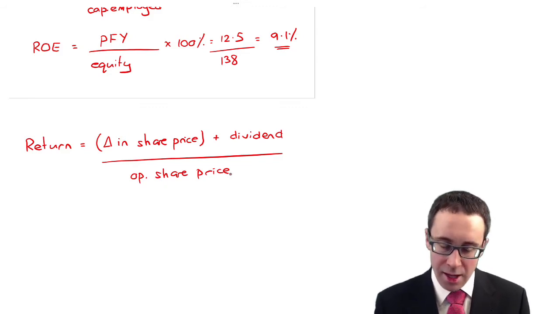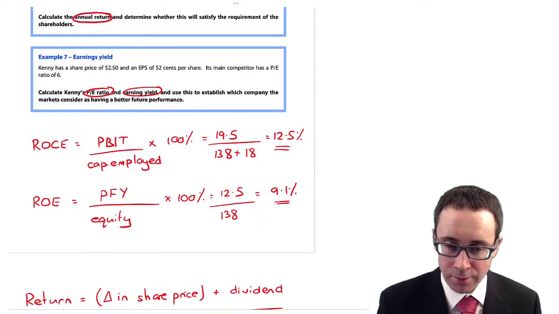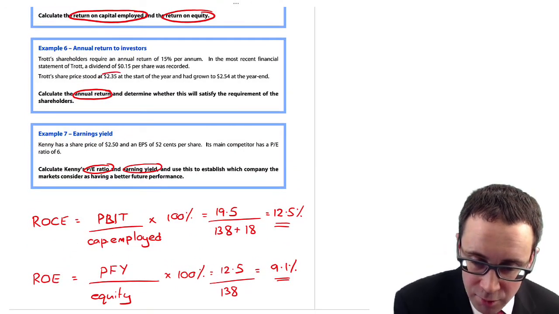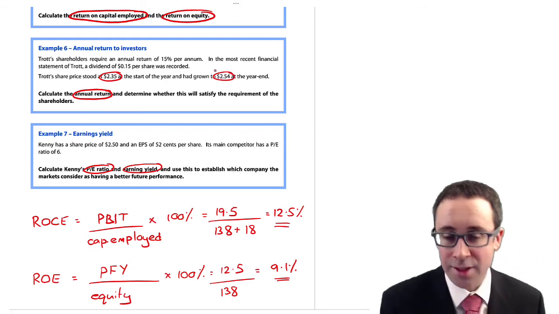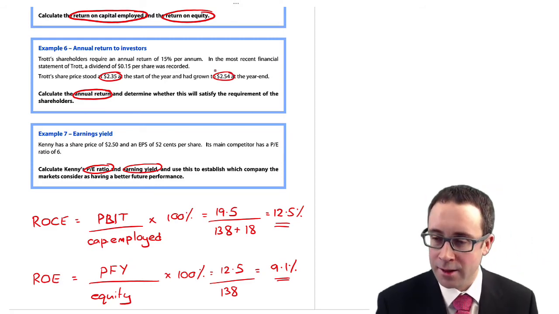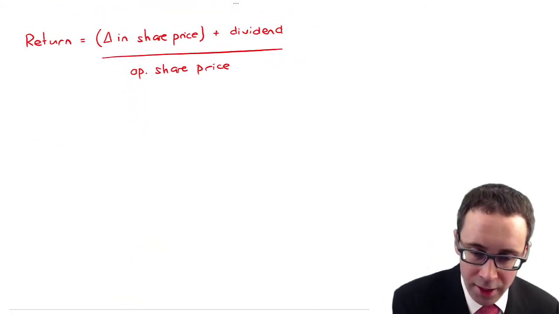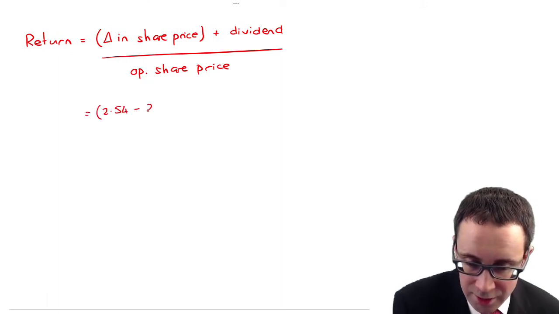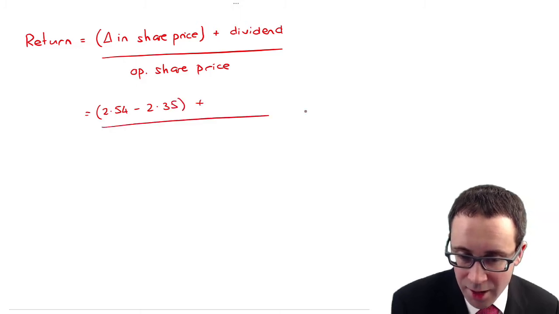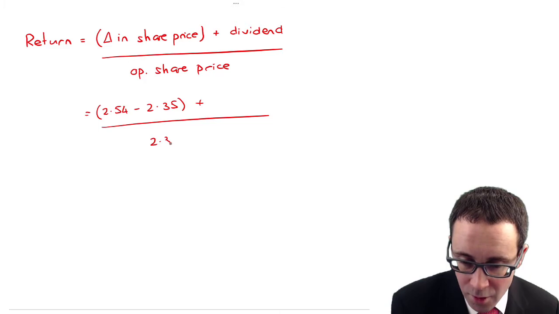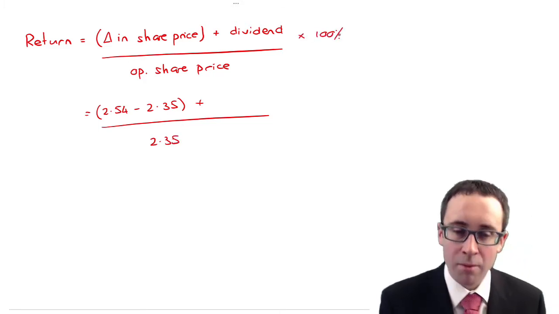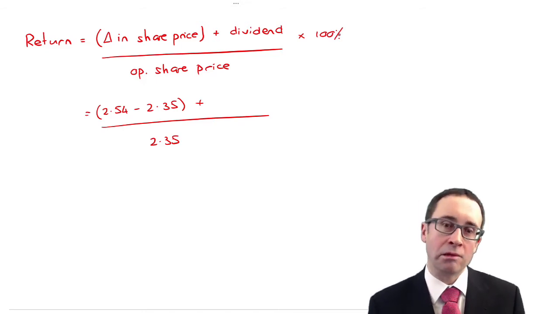Nothing to it. So what have we got within this example? You can see that Trot's price at the start was 235 and it had grown to 254. So here when I'm looking at my change in share price, 254 less 235, I'll need to add on the dividend and work it out as a percentage, if I want to be 100% technically correct, multiply by 100%, isn't it?